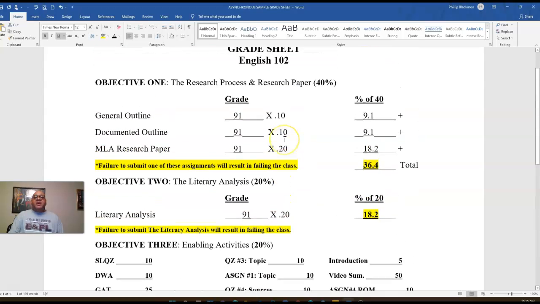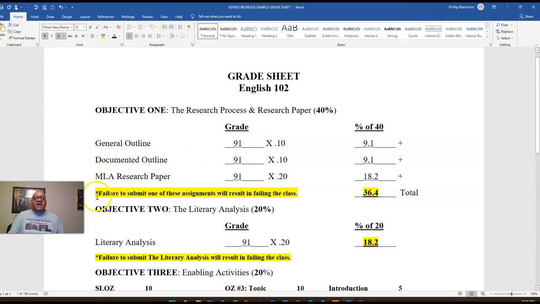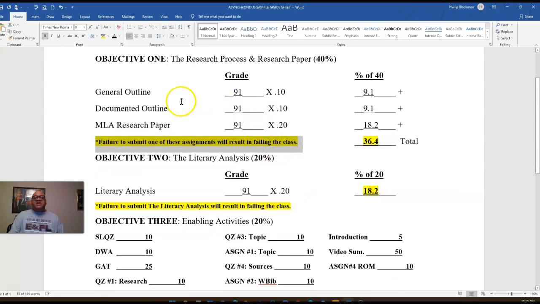One of the things I want you to pay careful attention to is what's highlighted. Remember, this was a major assignment. These 3 assignments were worth 100 points. If you did not submit one of these, if you decided that you didn't want to do the general outline, that results in failing the class.